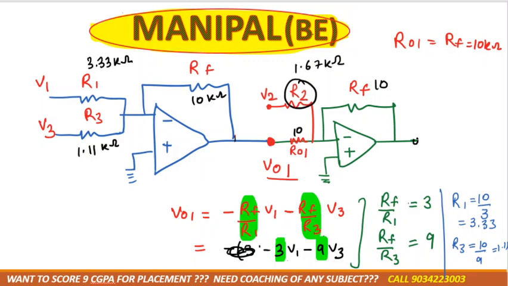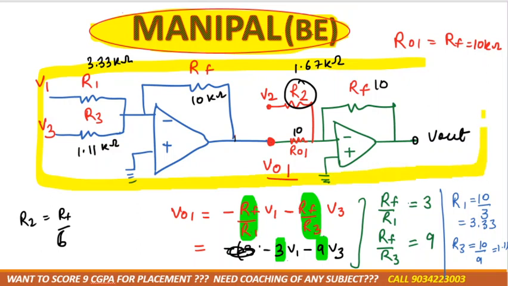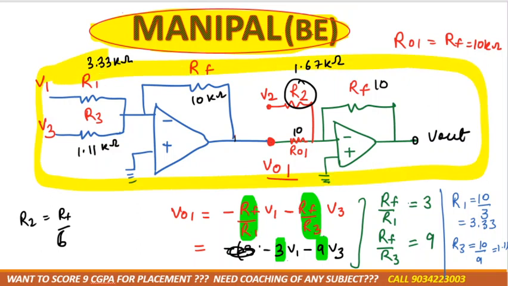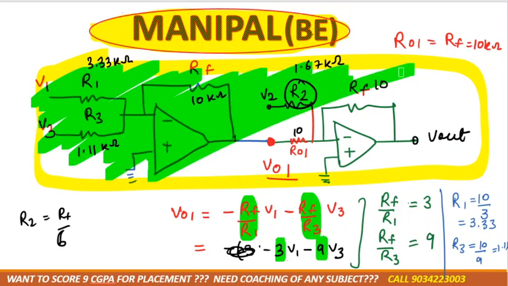So R2 is equal to RF by 6. This is the final block diagram, you can write it down like this. So what did they say? They said that we have to use two amplifiers, right? And we have used two summing amplifiers.